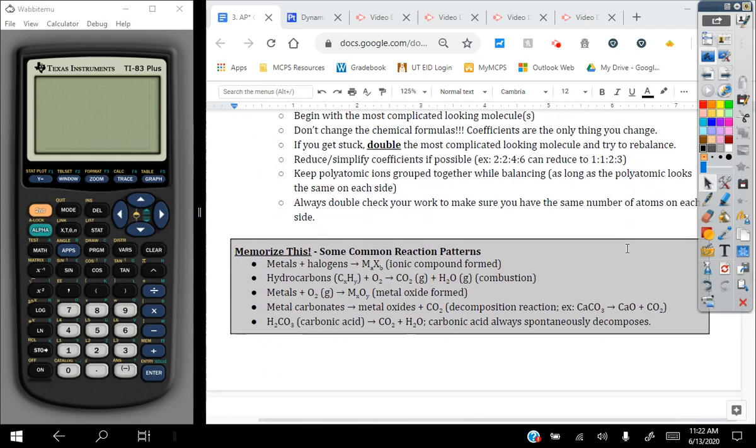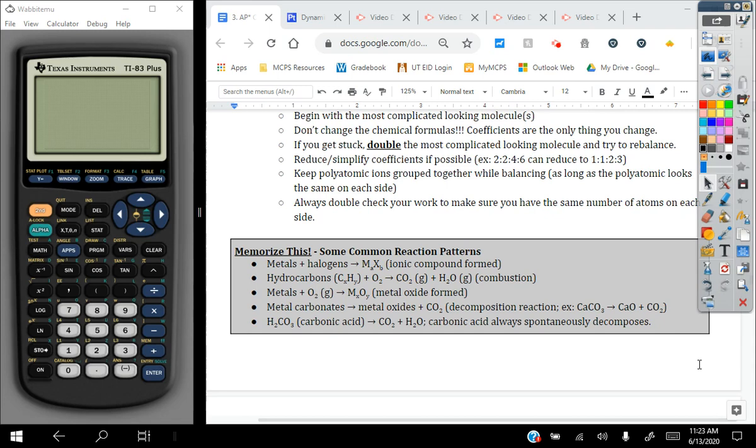So before we jump into 2 more balancing examples, some common reaction patterns that we'll discuss a little bit more in a later lesson, but will potentially help you when balancing, are these 5 reaction types. Metals and halogens react together to form an ionic compound.